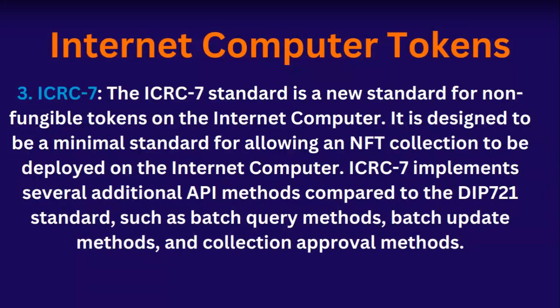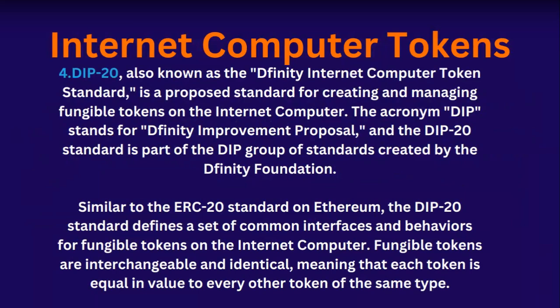We also defined ICRC7, which is an NFT standard. When we have NFT sessions, we're going to come back to ICRC7. Today's topic is DIP20, also known as the Definity Internet Computer Token Standard, which is a proposed standard for creating and managing fungible tokens on the Internet Computer.